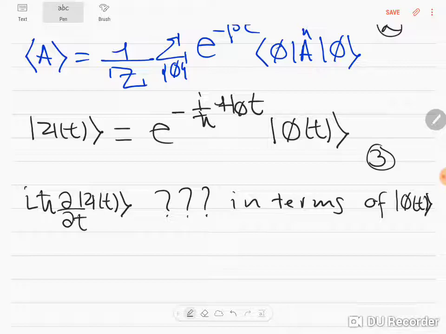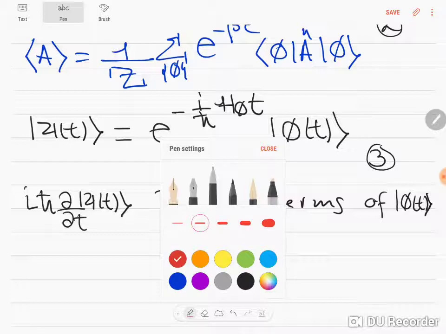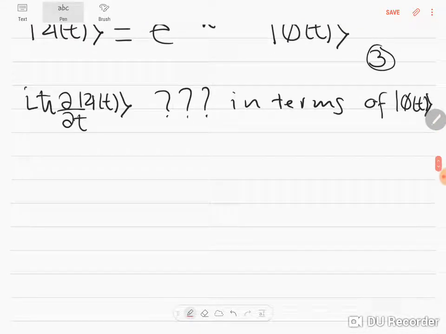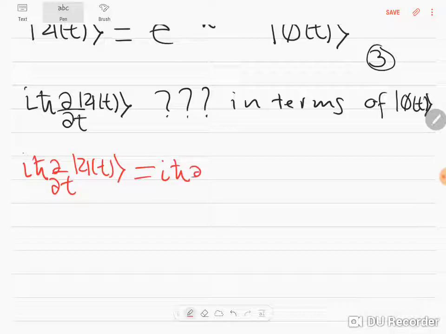Let's do this in red, change color as you are used to now. So i h bar times the time derivative of psi of t is equal to i h bar times the time derivative of e to the minus i over h bar H0 t times phi of t.